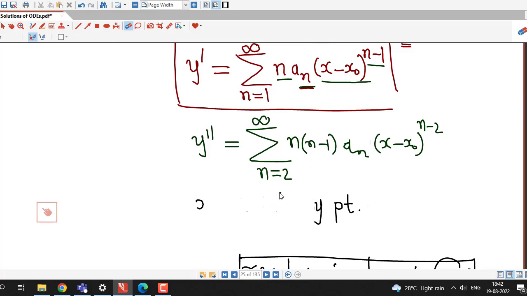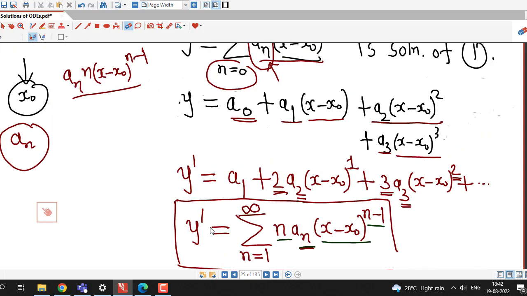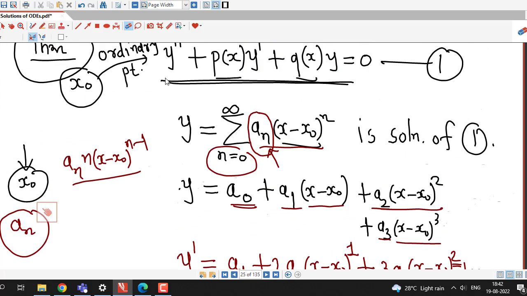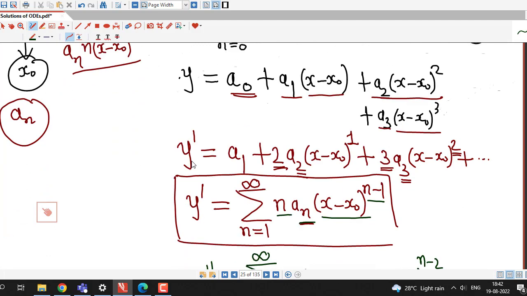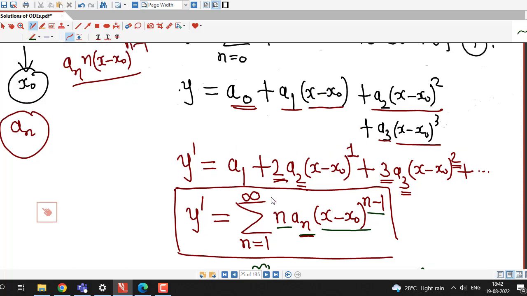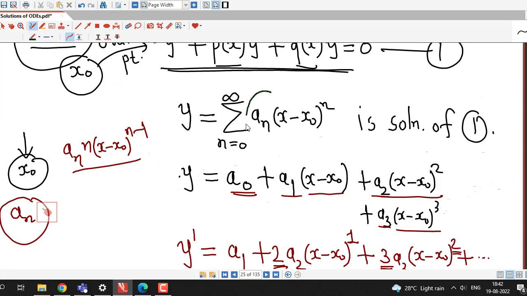So we will require y dash and y double dash, and we can easily remember, if y is sigma n equal to 0 to infinity an times x minus x0 raised to n, then y dash is n times an x minus x0 raised to n minus 1. This term is nothing but derivative of this term.